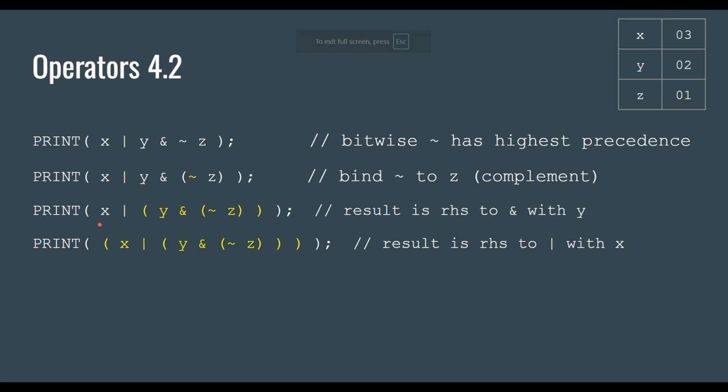Therefore, going from left to right, we're going to do the operation of y bitwise AND with the negation of z. And last but not least, the result of this will be the right-hand side to the bitwise OR operation, with x being the left-hand side.